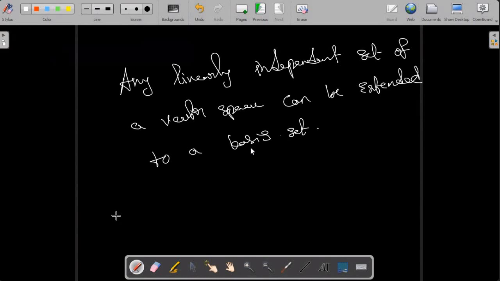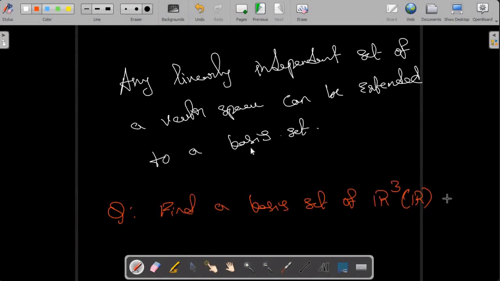I'll give you an exercise related to this question. Find a basis set of R3 which contains (1, 1).